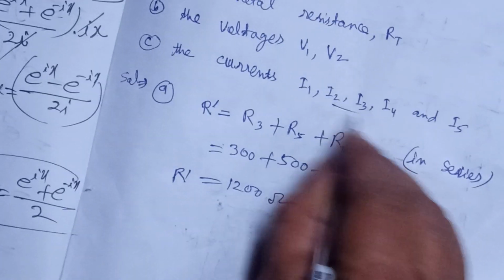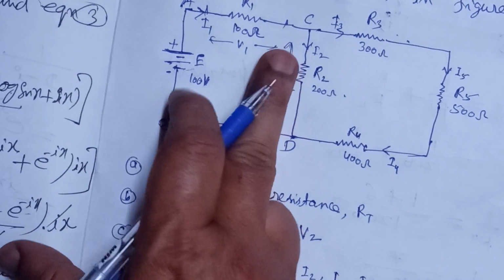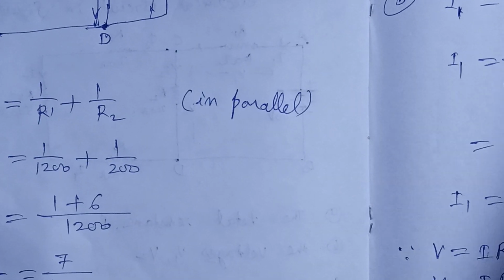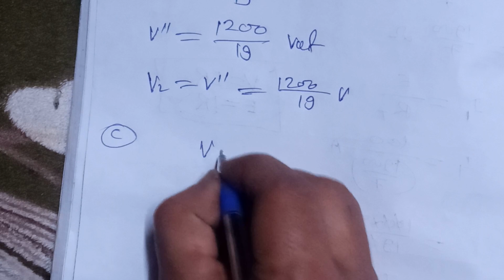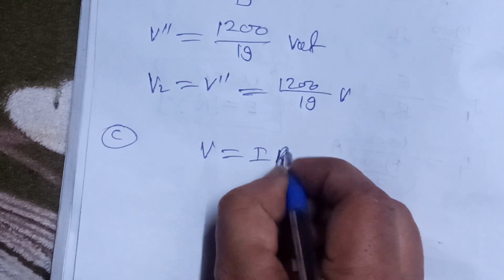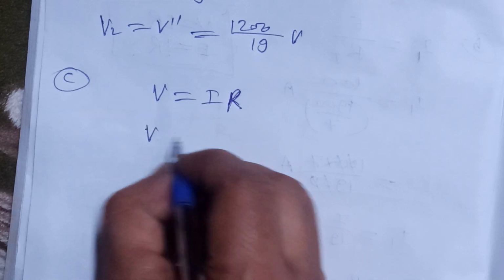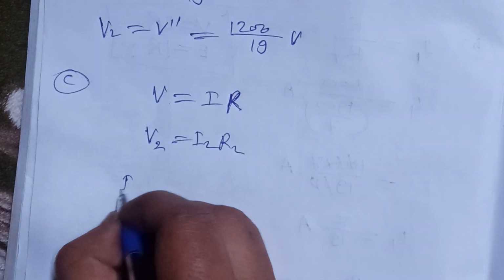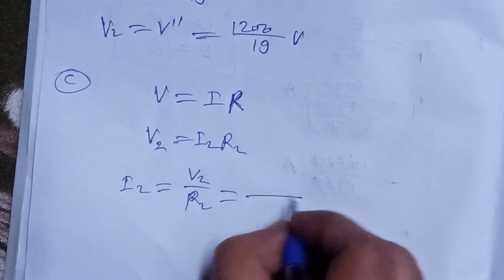So we have to find these values. We can easily find the value of I2, because for this part we know that V is equal to IR. By Ohm's law we can find the value of I2, because we know V2 and R2. So I2 is equal to V2 upon R2.